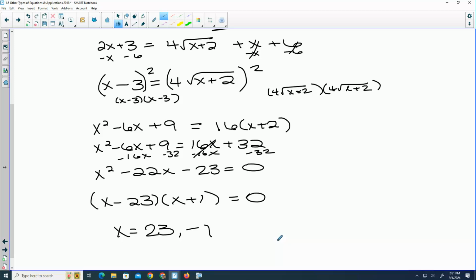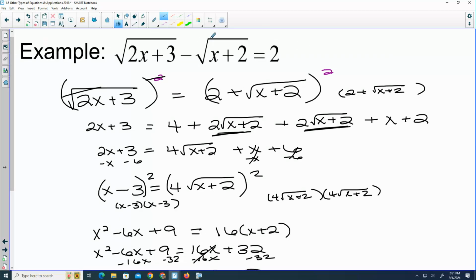So we need to check it. We are plugging these back into the original. So if you put in a 23, so that's the square root of 49 minus the square root of 25. So 7 minus 5 is 2, so that one works.